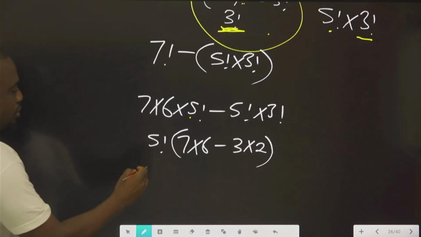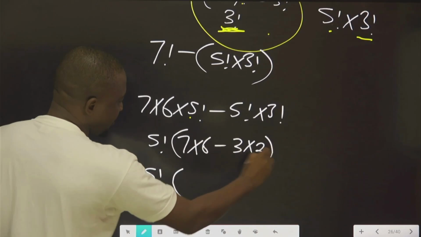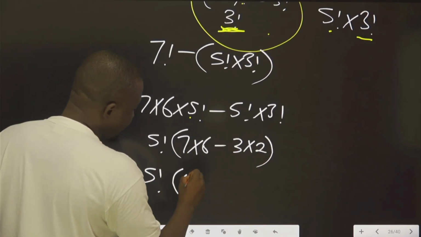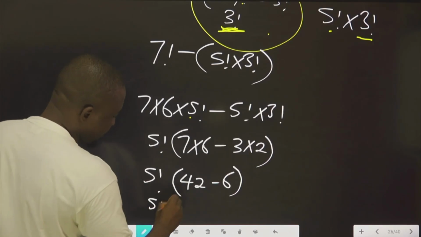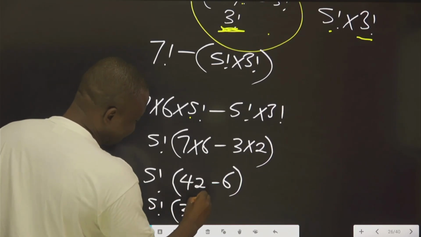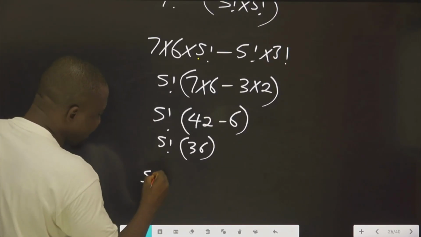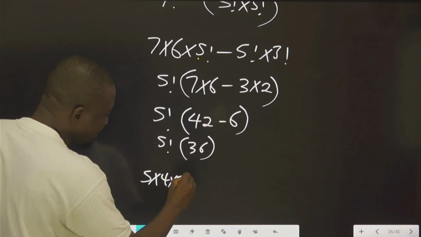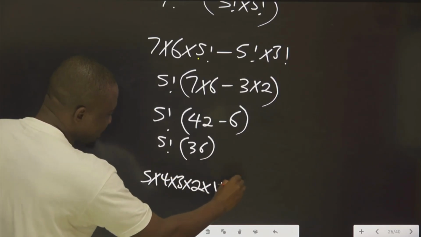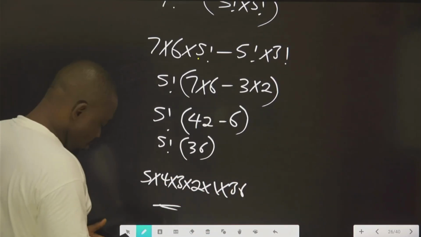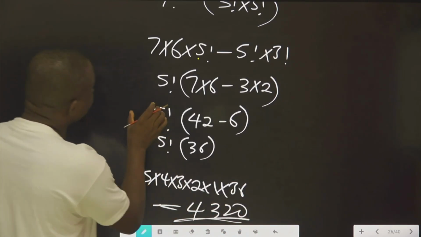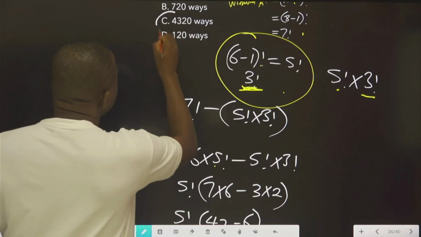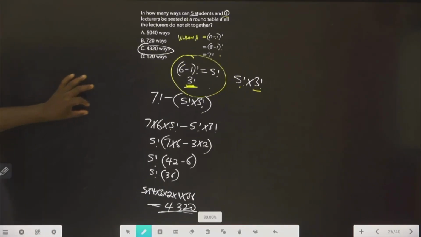Just a shortcut. If you solve this, it is 42 minus 6, times 5 factorial. This gives us 36. So this is 5 times 4 times 3 times 2 times 1 times 36. If you solve this, using a calculator, you're going to have 4320. This is the answer.